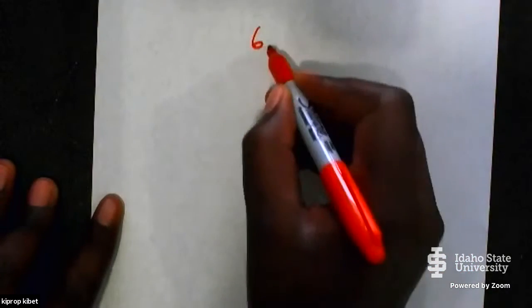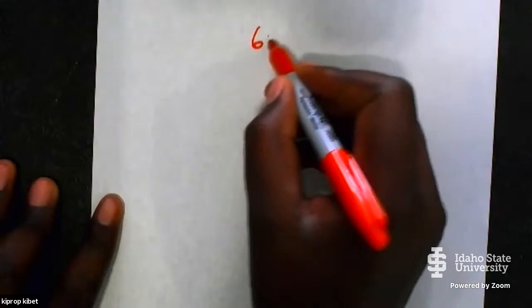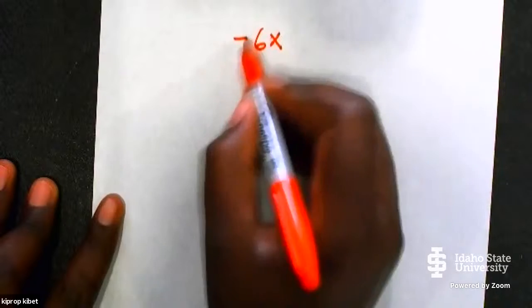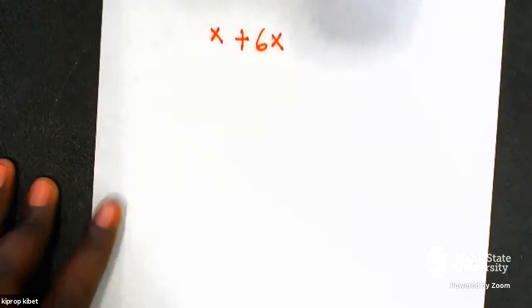No, the next one. 6c squared plus 18 equals 0. No, the next one. The one with 6 at this side, 6 plus x squared.